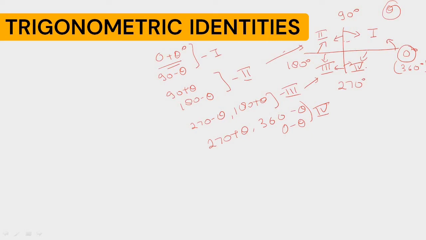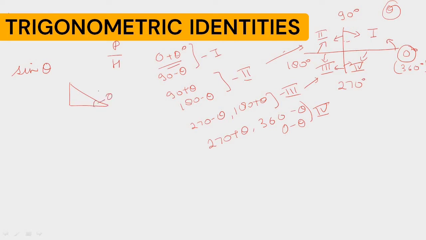So, suppose we take an angle sine theta. What is sine theta? It is perpendicular upon hypotenuse, as we have studied earlier. So suppose it is an angle, and we can make this triangle.